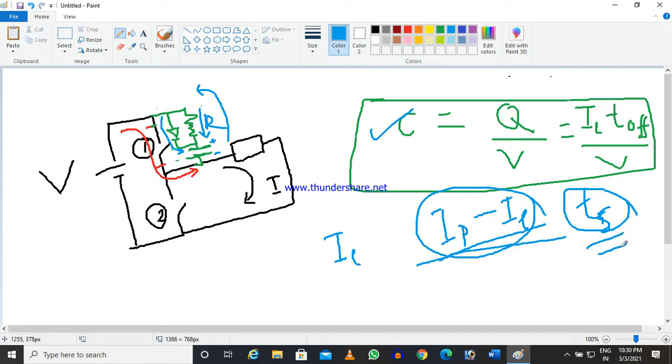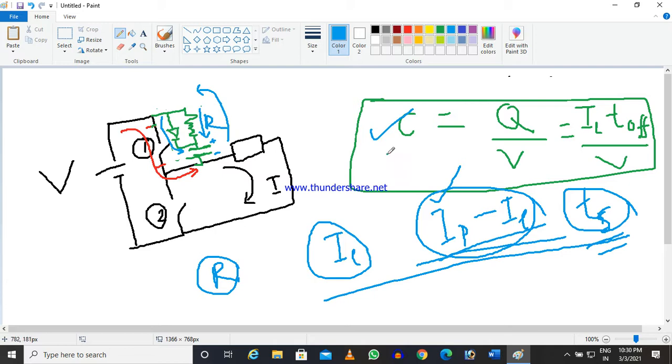This is the short rating of the device, and you know the load current for which you are designing your switching device, and you know the peak rating of the transistor or IGBT. Using that, you can find out what should be the value of your R. C you are getting from this equation, and R you will find from that equation. So it is very simple to design a snubber.